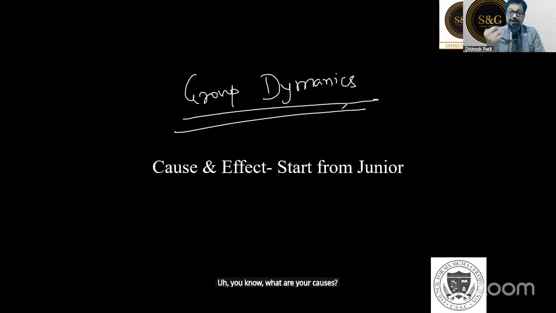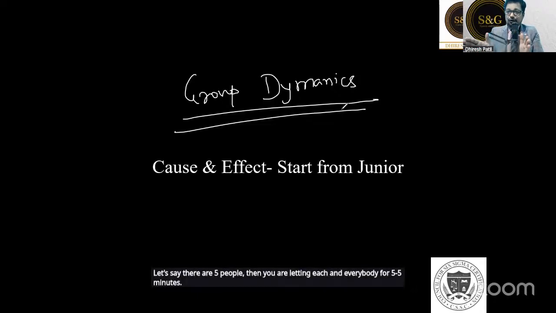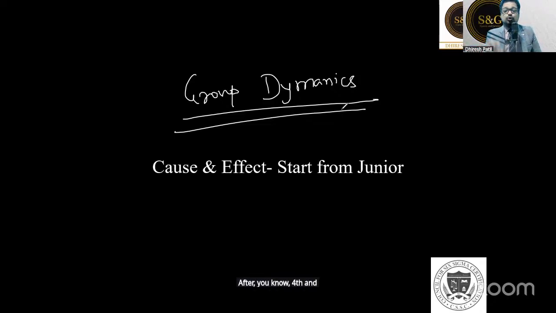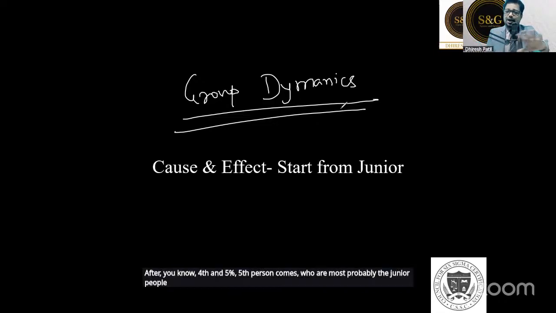Are you understanding? If you do the reverse, I'll tell you what happens. Okay. If you start from the senior most person, let's say there are 5 people, and you are letting each and everybody go for 5 minutes. After the 4th and 5th person comes, who are most probably the junior people, they say, all my causes are already covered by the boss. Are you understanding this?